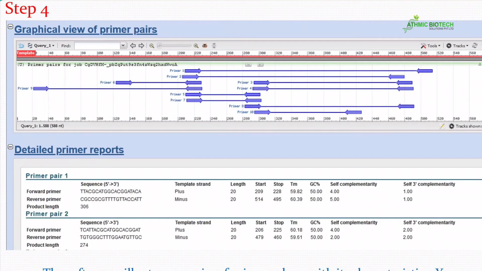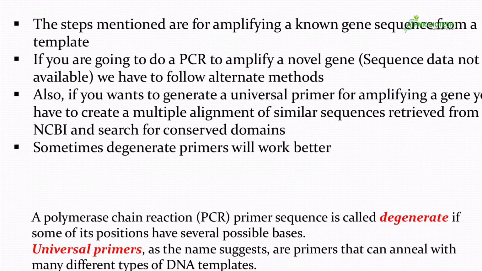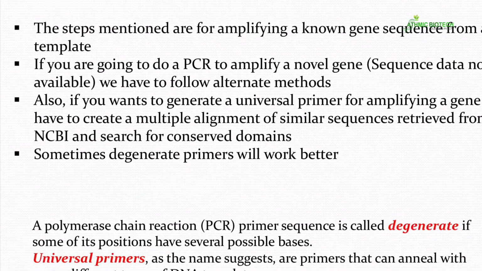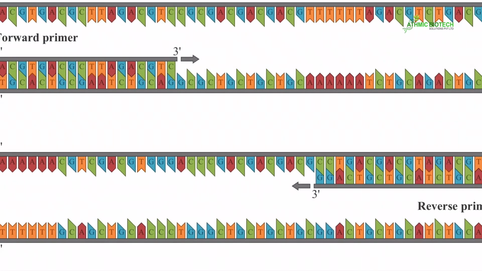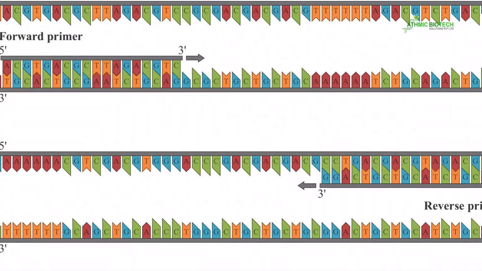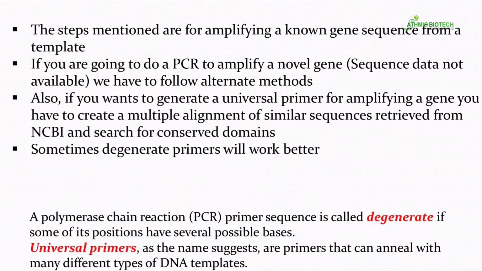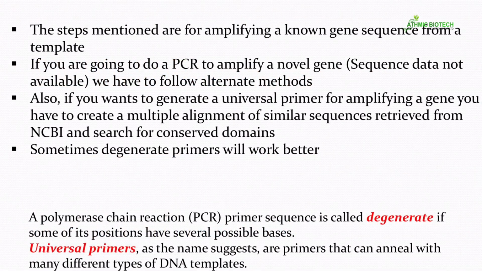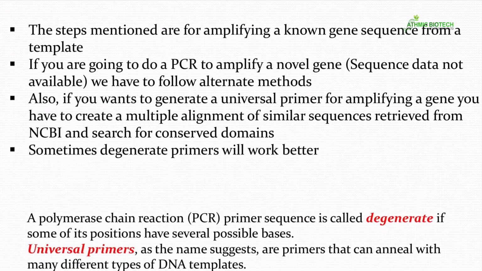Suppose you are amplifying a gene which does not have a conserved domain. Conserved means it won't change from organism to organism. Most of the molecular marker genes widely used for identification of organisms, like 16S, 18S, and cytochrome oxidase, are highly conserved. So we will get universal primers from the literature in order to amplify these genes.